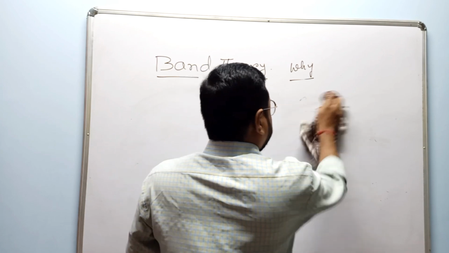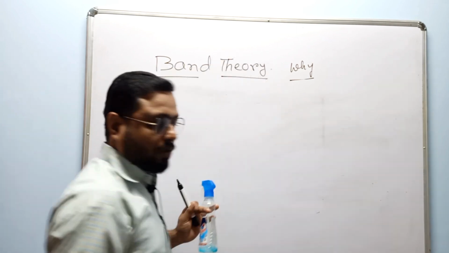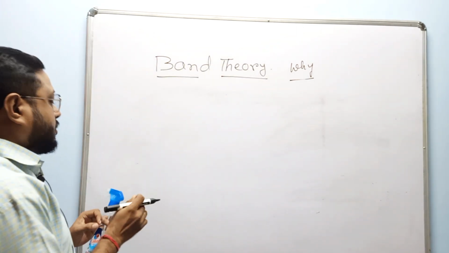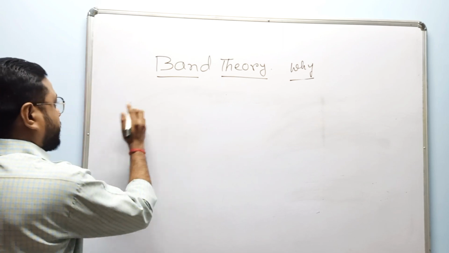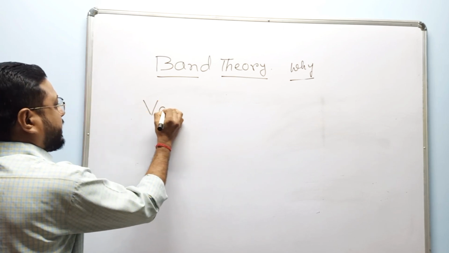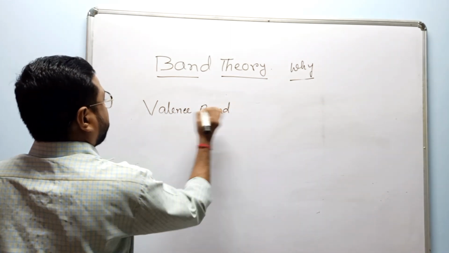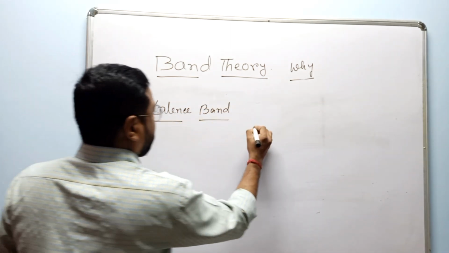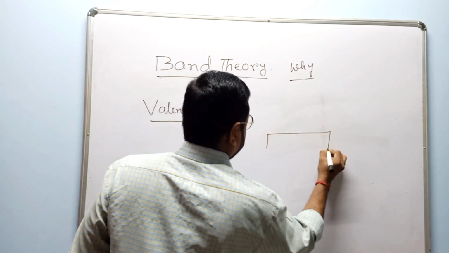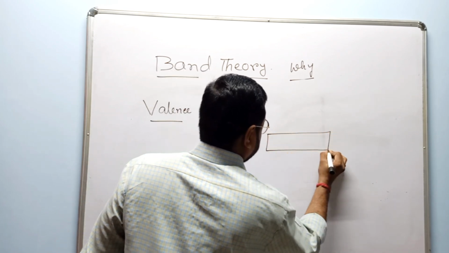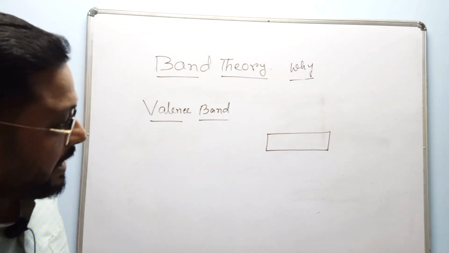When electrons are filled in the band, it is called valence band. So there are two types of band, valence band and conduction band. Valence bands are bands in which the electrons are completely filled.